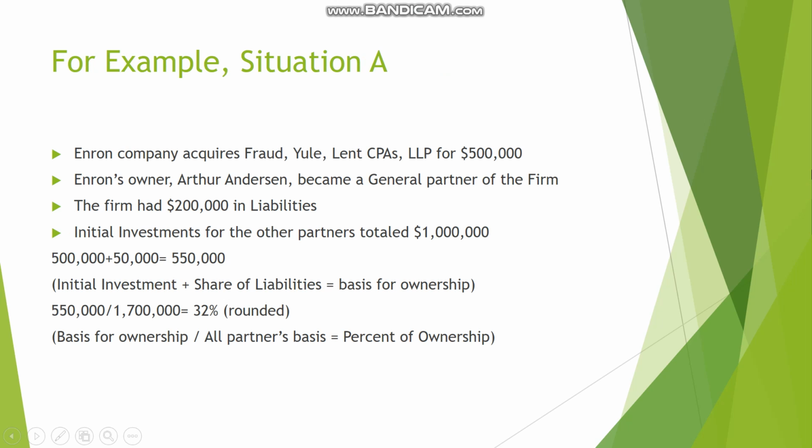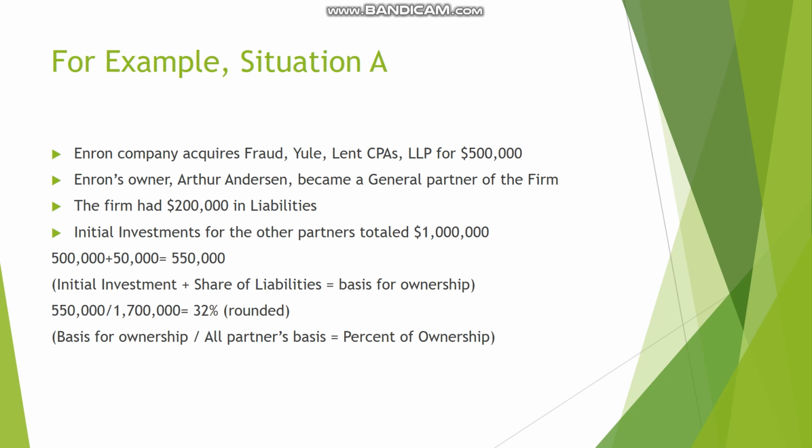The facts in this problem are that Enron Company acquires fraudulent CPAs LLP for $500,000. Enron's owner, Arthur Anderson, became a general partner of the firm. The firm had $200,000 in liabilities. And the initial investments from the other partners totaled $1 million.